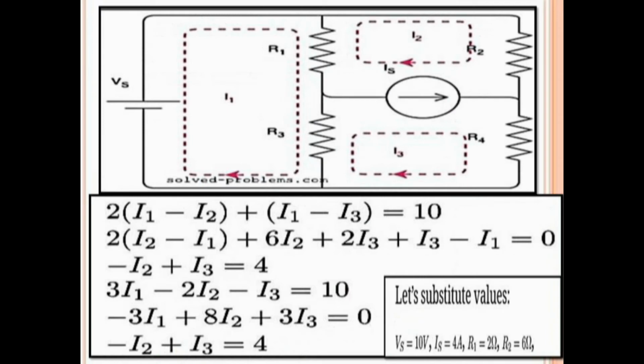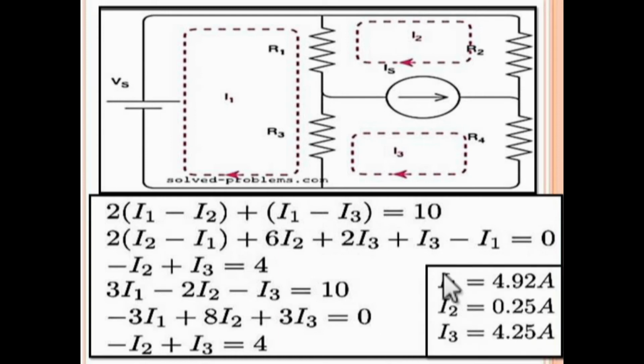Now you can put the values directly in these equations, and you will get I1 equal to 4.92, I2 equal to 0.25, I3 equal to 4.25 ampere.